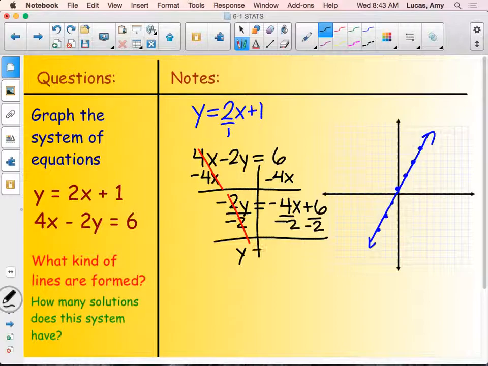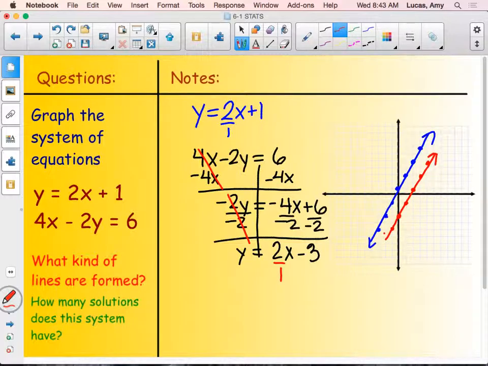So y equals negative 4 divided by negative 2 is 2, and 6 divided by negative 2 is negative 3. So my new line has an intercept of negative 3, and then it has a slope of 2 over 1. So I go up 2 over 1, and I draw my line.